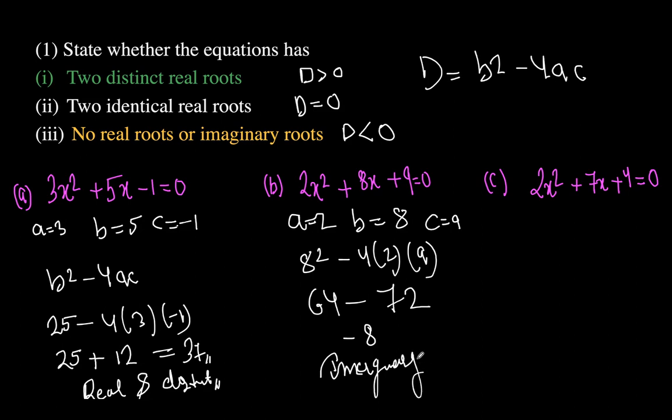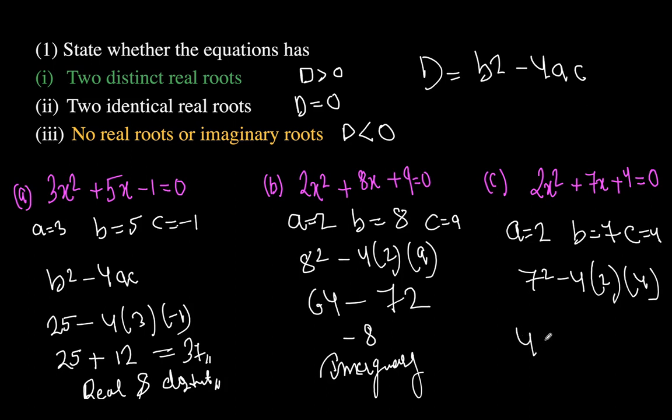Okay, now let's move to the third problem. Here a is 2, b is 7, and c is 4. Okay, so b square minus 4ac, so 7 square minus 4 into a into c, c is 4. So 7 square is 49, and 4 times 2 times 4 is 32.